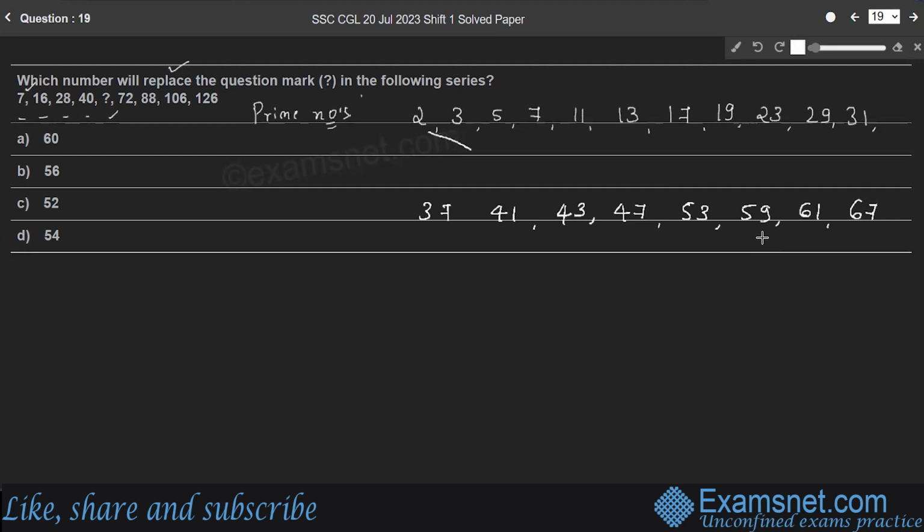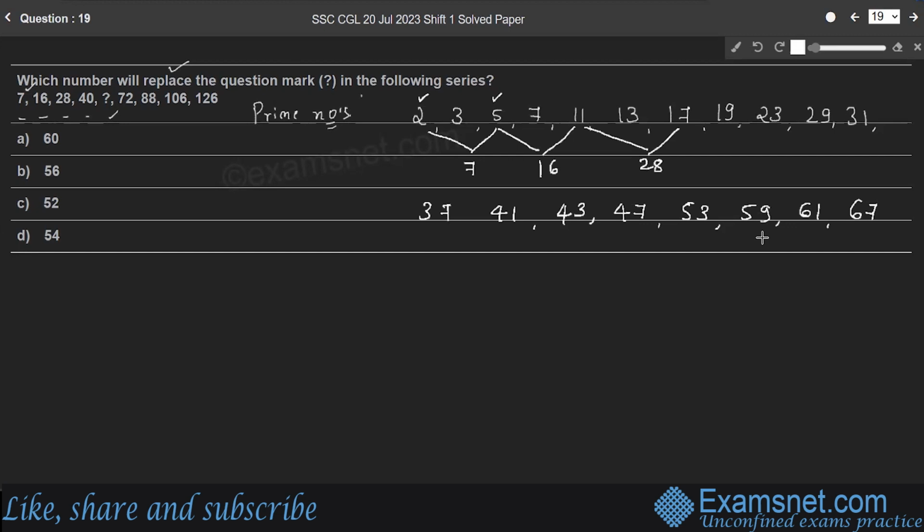Because we need to add alternate prime numbers. So add 2 and 5, the first prime number and the third one, and you will get 7. The third and fifth prime numbers give 16. The fifth and seventh give 28.